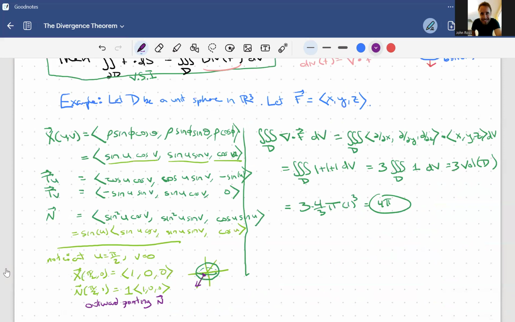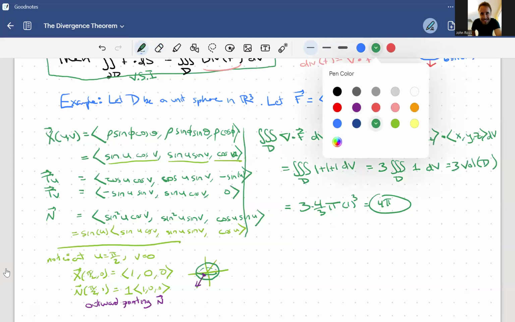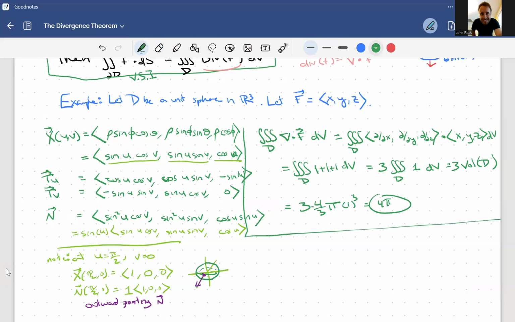So now that we have this set up, let's actually compute the integral in question, the integral we were looking for. So the integral we were looking for is a double integral over S of f dot dS.